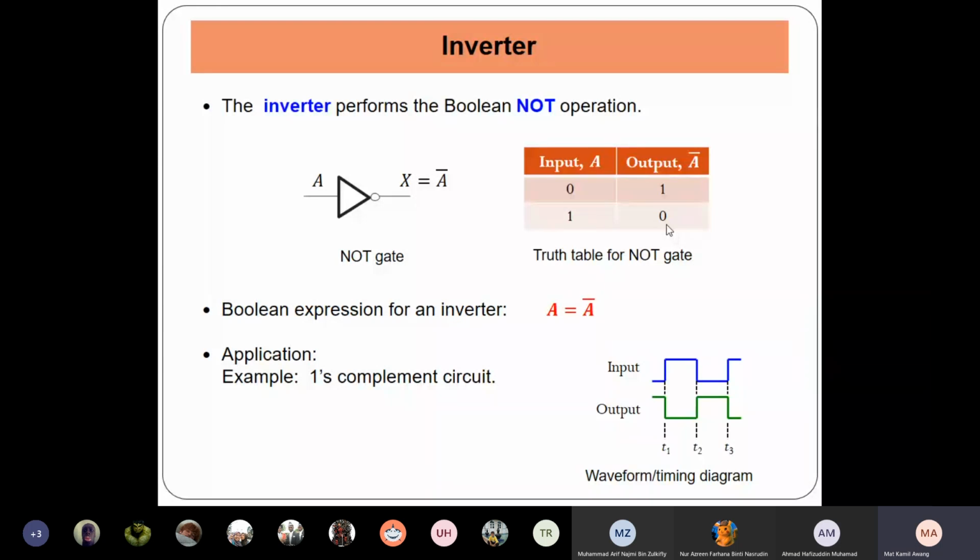The op-amp that we learned can be used to implement this kind of logic. The Boolean expression for an inverter is X equals A bar. When you see a bar, you invert whatever the value of A is. If A is 0, then A bar is 1. If A is 1, then A bar is 0. So this bar means that you invert.